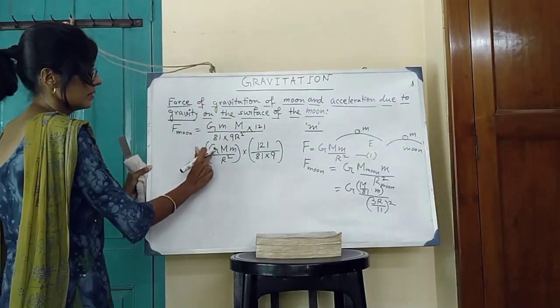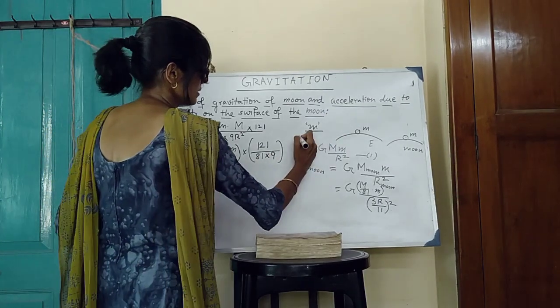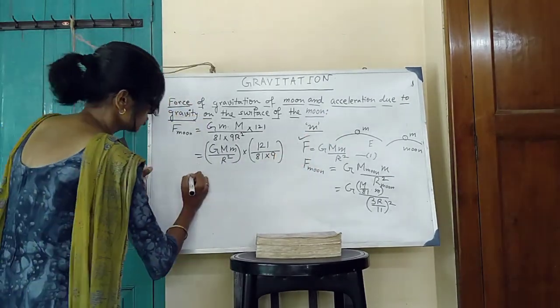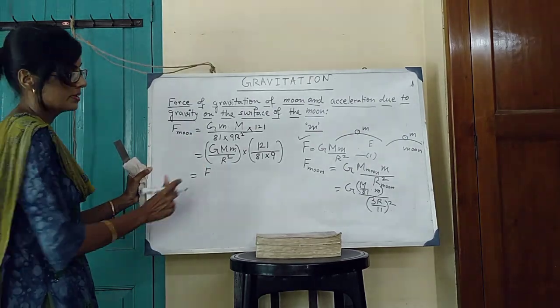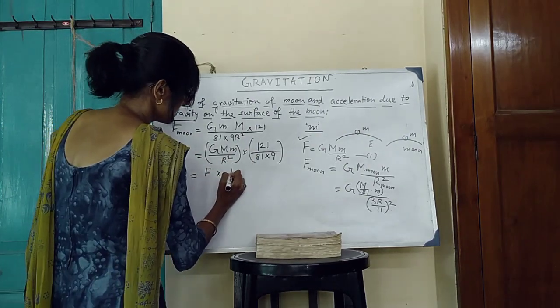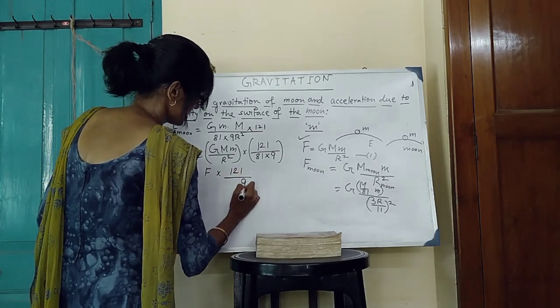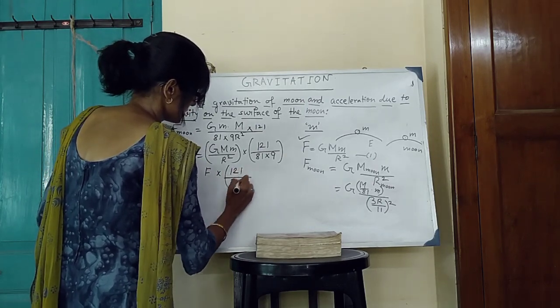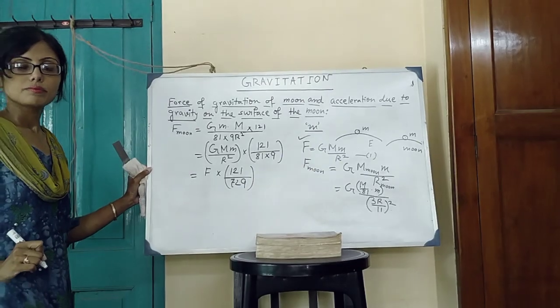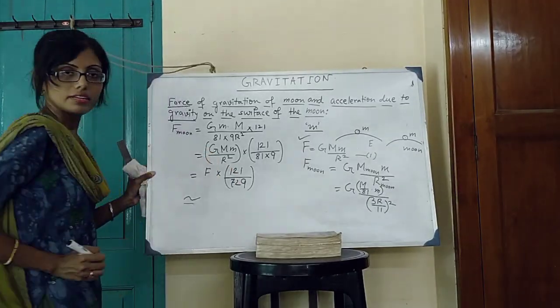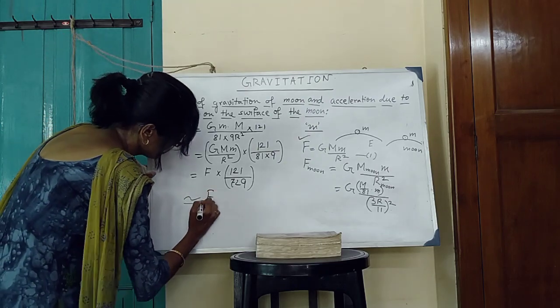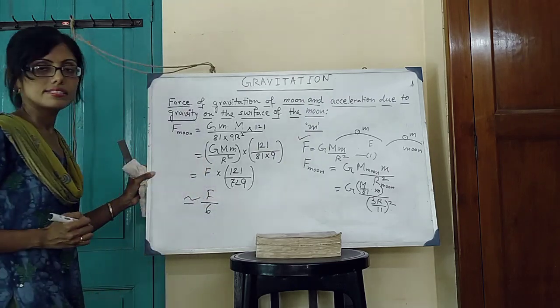What is the value of G M by R square? It is nothing but force of gravitation of earth. So put big F. 121 divided by 729. Calculate the value and it will give you the approximate value as F by 6.